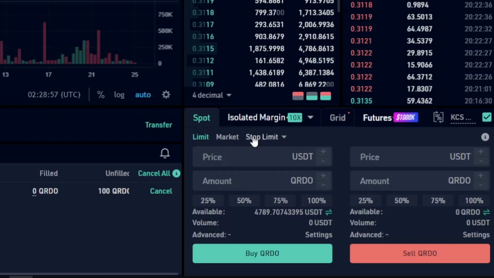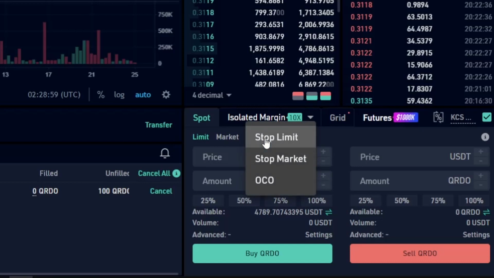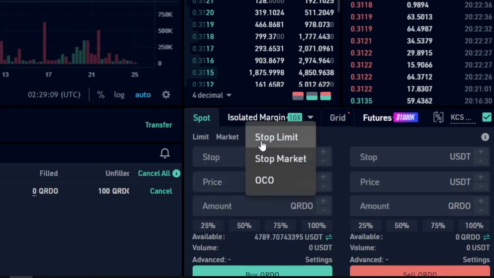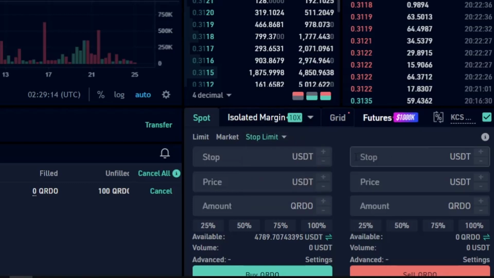What you do use is this one over here that says stop limit. Now, before I explain exactly what the wrong way is and why it's the wrong way, I need to briefly explain that when you're on stop limit over here, and again, stop limit, not stop market, why is there this stop price, a regular price, and an amount? Let me quickly explain.